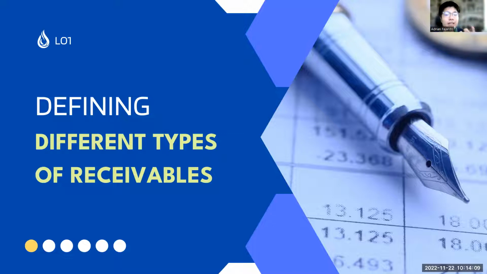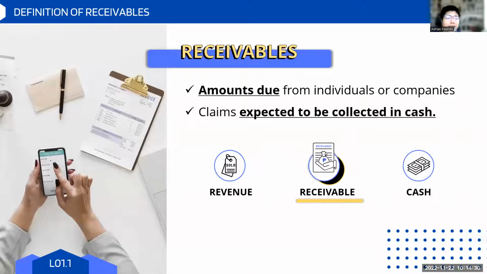But generally, when you say receivable, as the name suggests, you are expecting to receive money from it. Technically, the other party, meron siyang utang sa'yo, right? Now, in order to make sure na we're aligned in terms of the definition, receivables are any amounts due, whether from individuals or from companies.